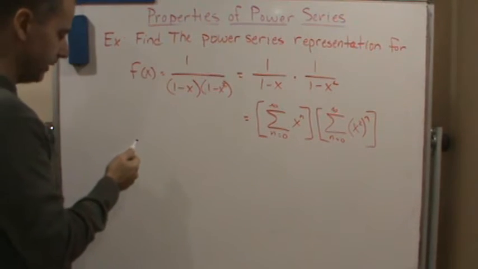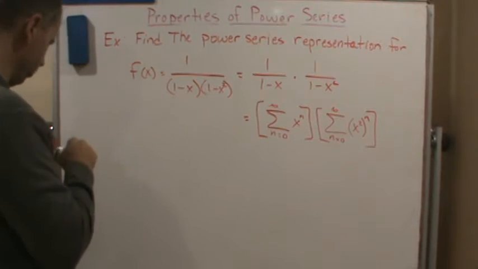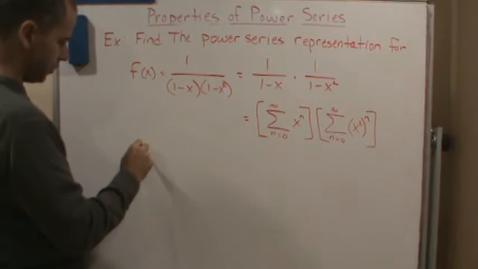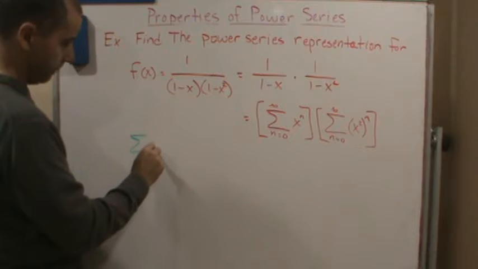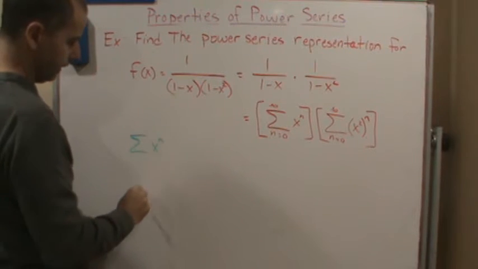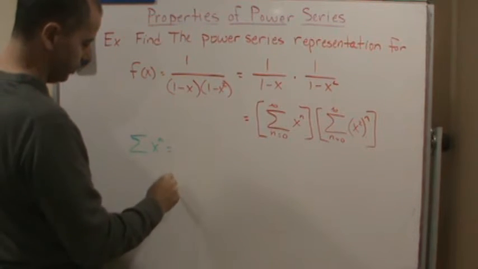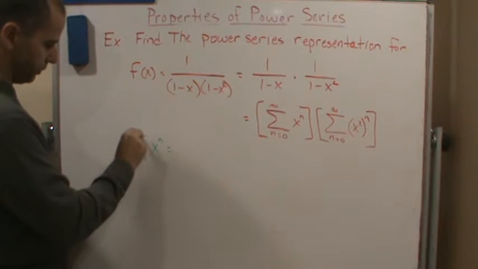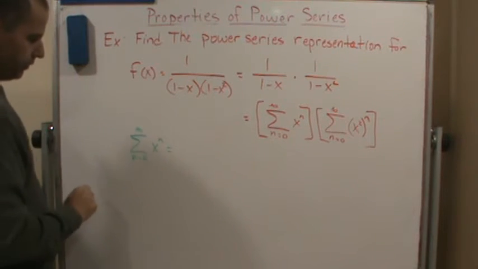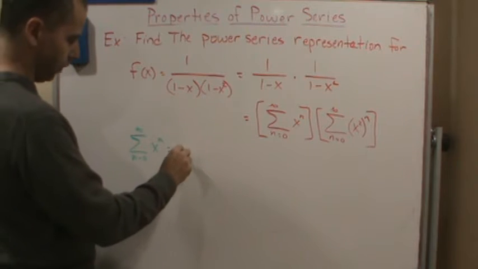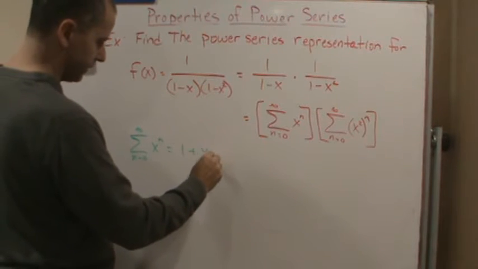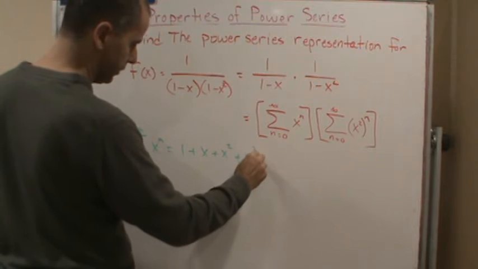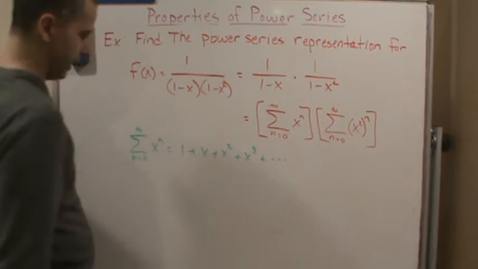So let's review for a second here. So the first one, the sum of x to the n, n equals 0 to infinity, is going to be 1 plus x plus x squared plus x cubed, and on.